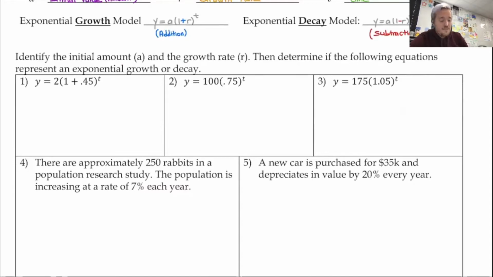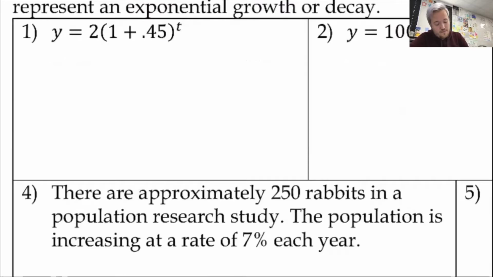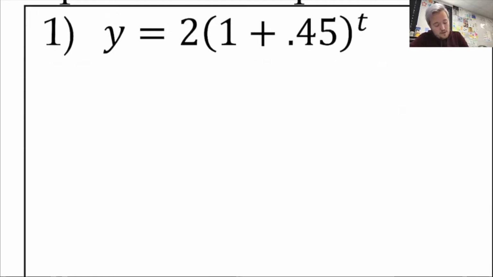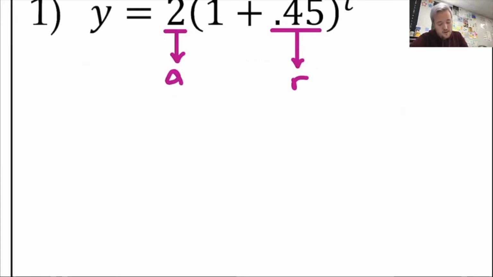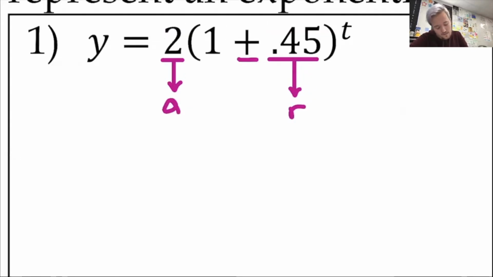Looking at number 1, at the different components we have here, we have our a value, which is 2, and then our growth rate right here, which is 0.45. Because we are adding, that's going to tell us this is a growth.